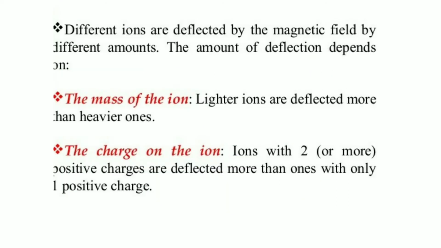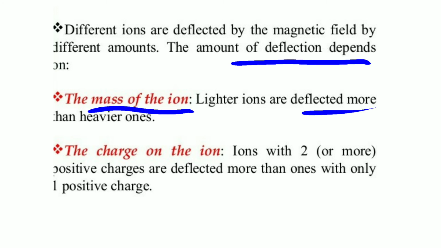The different ions are deflected by the magnetic field by different amounts. The amount of deflection depends first on the mass of the ion, that is, lighter ions are deflected more than heavier ones, and second, on the charge.